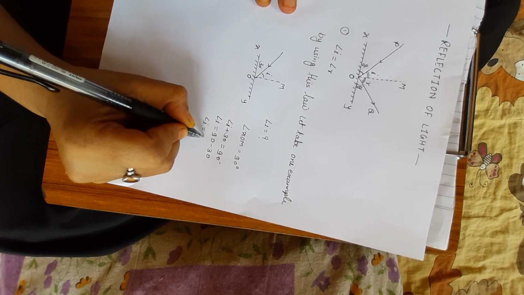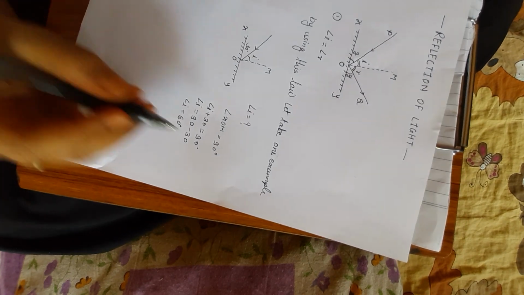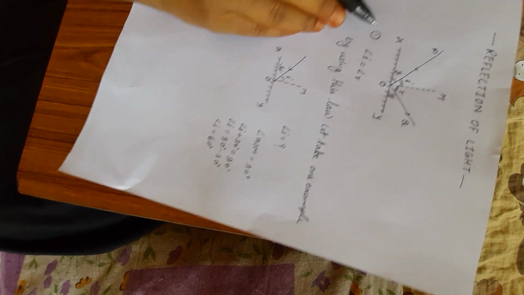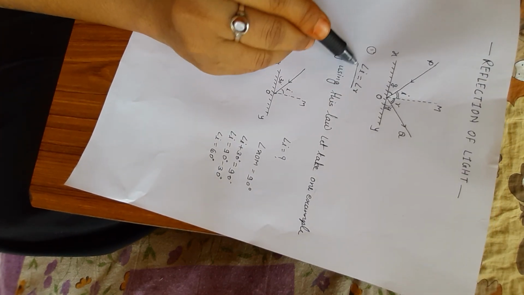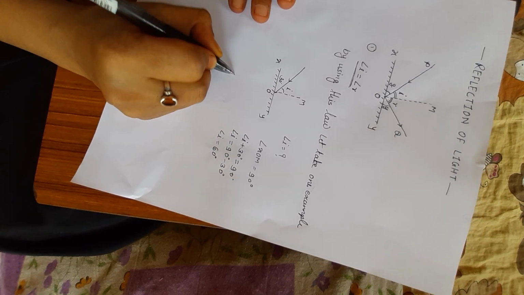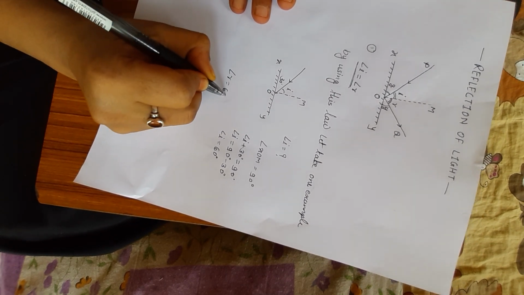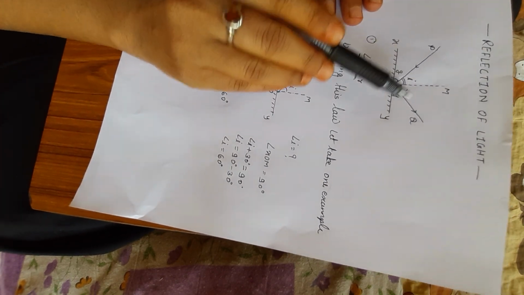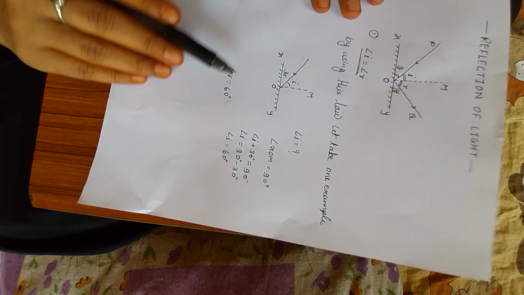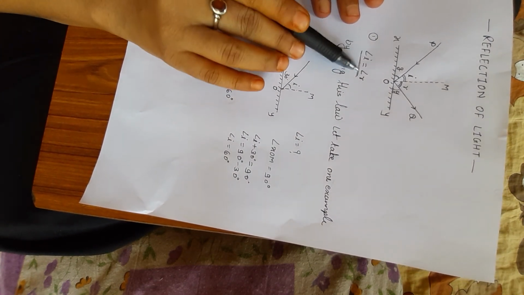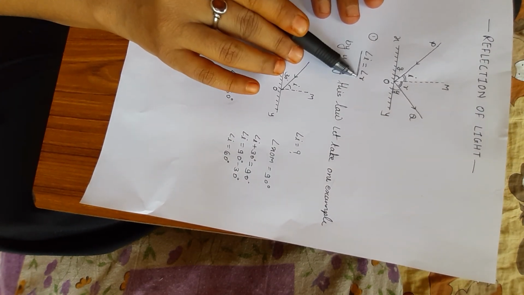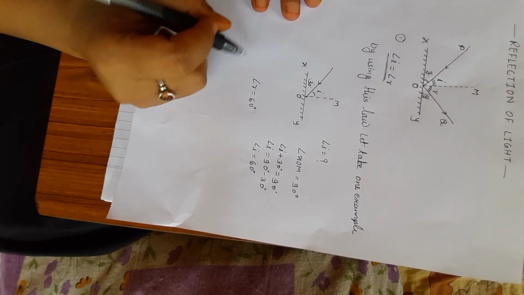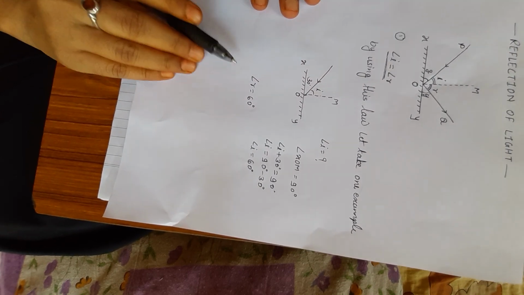Angle i, the answer, is 60 degrees. And by the law, i is equal to r, therefore angle r is also 60 degrees. So to find the incidence angle and reflecting angle, we must know the law, that is i is equal to r. You can solve a number of numericals depending on this law.